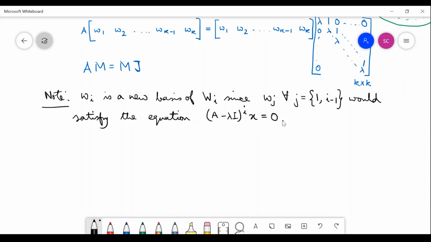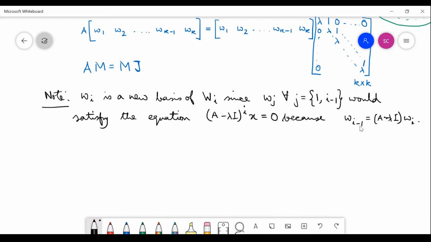because you can write this also, because your wj will be, so you can write this as wi minus 1 would be equal to (A minus lambda I) of wi.